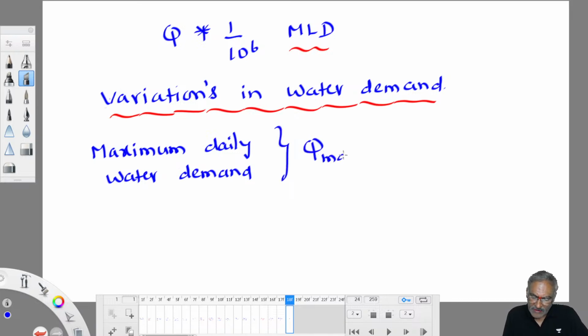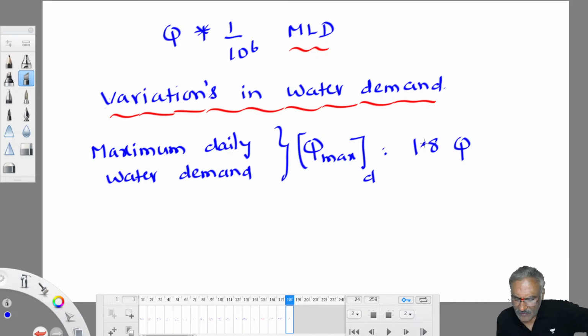This is Q max daily, which is equal to the average daily demand multiplied by 1.8. There are formulas like the Goodrich formula, but that is not required here. Those empirical formulas are proposed by different people. Just multiply the average demand with 1.8.